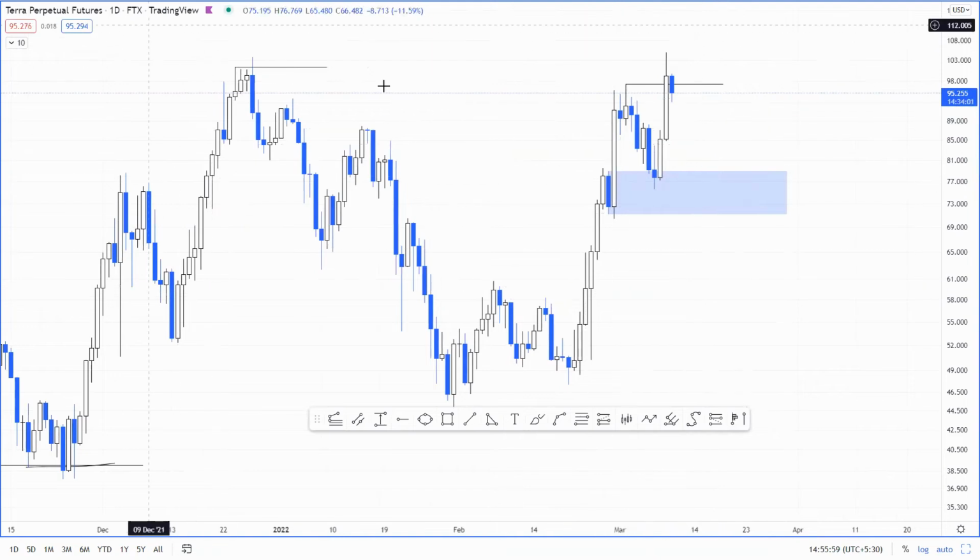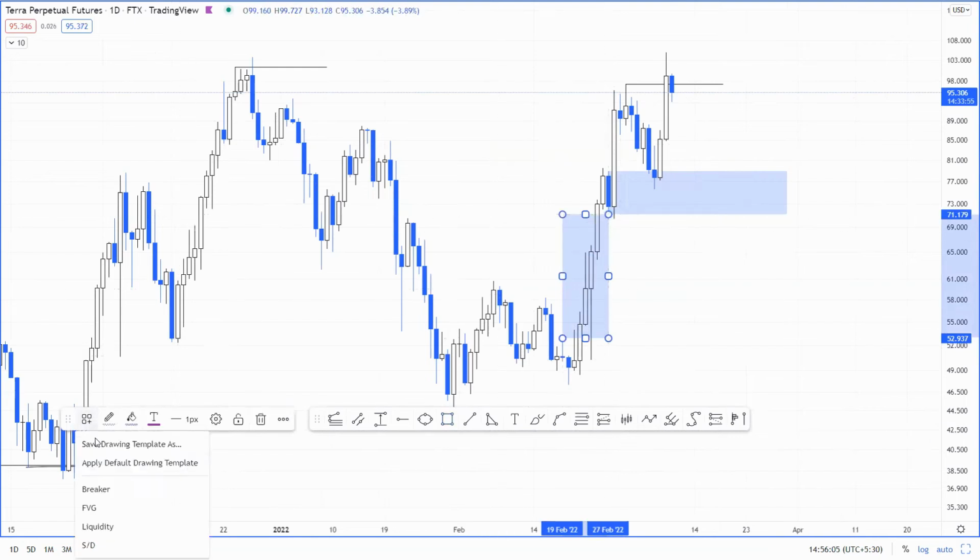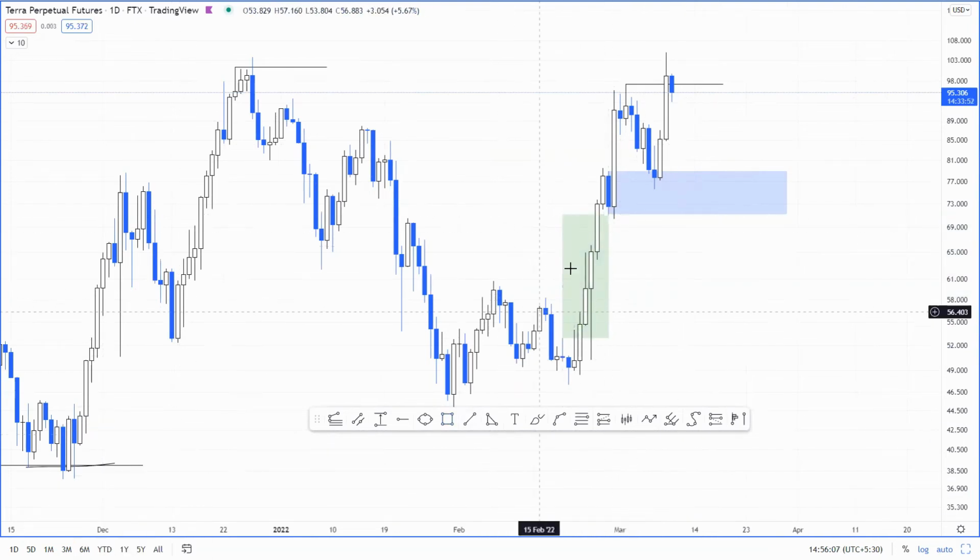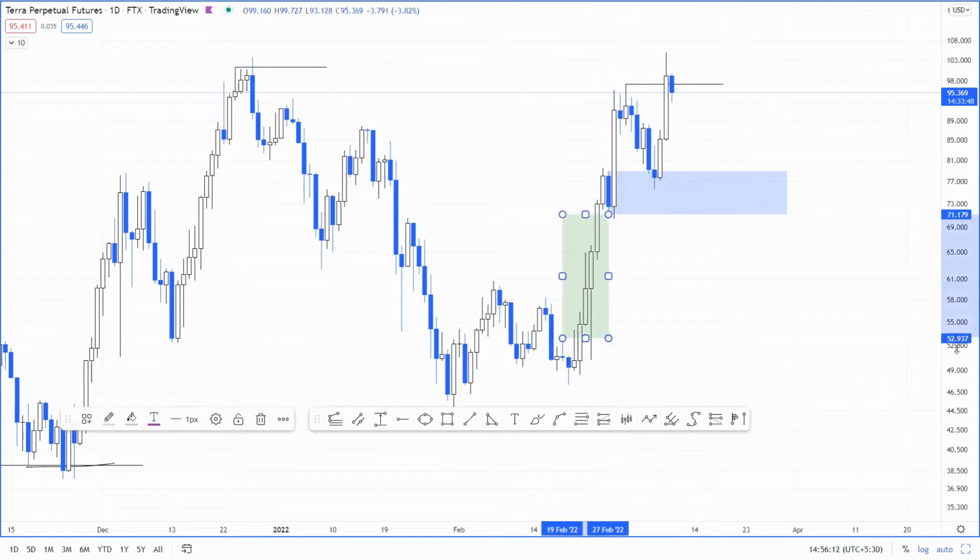Beyond this, if you look at it from a daily time frame, there is a huge gap that extends all the way from $53 to $71, but it's not really an accurate FVG because the wicks actually traveled lower and higher, right?